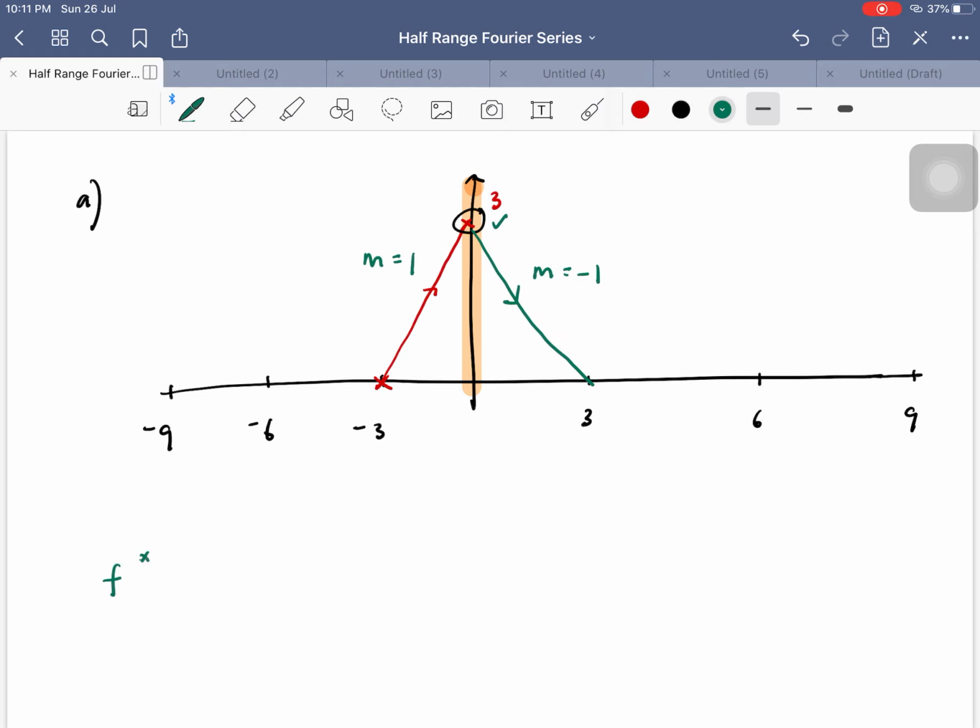Now from there, I'm going to write the analytical description. I can write that f star t is going to cover, let me change that and put it at the top here, f star t. My f star t is going to cover from -3 until 0, so that's the first line. And the second line is going to be from 0 until 3.